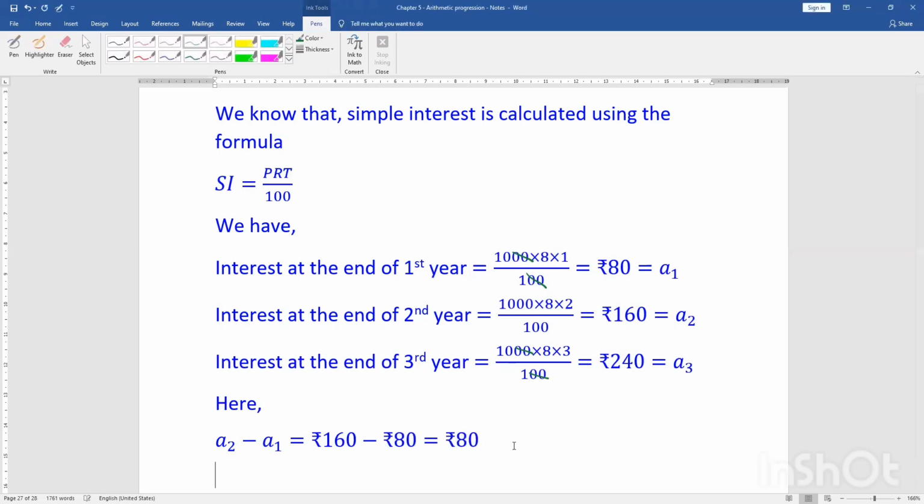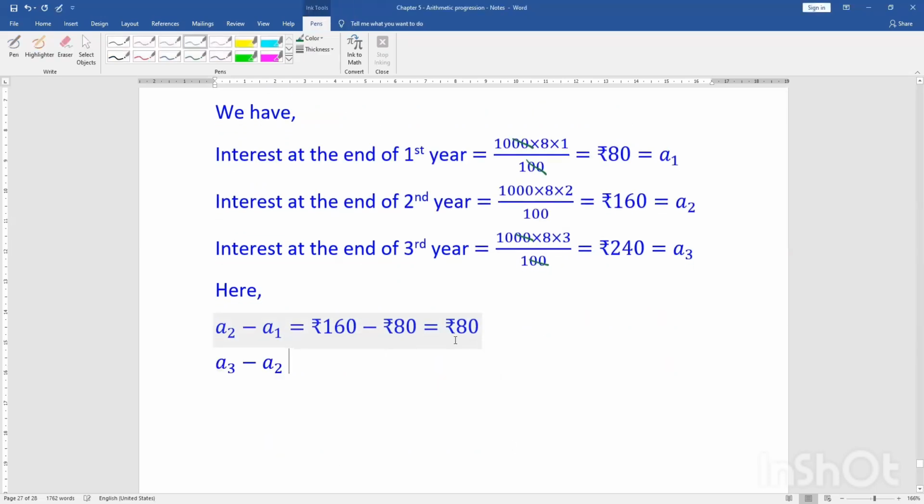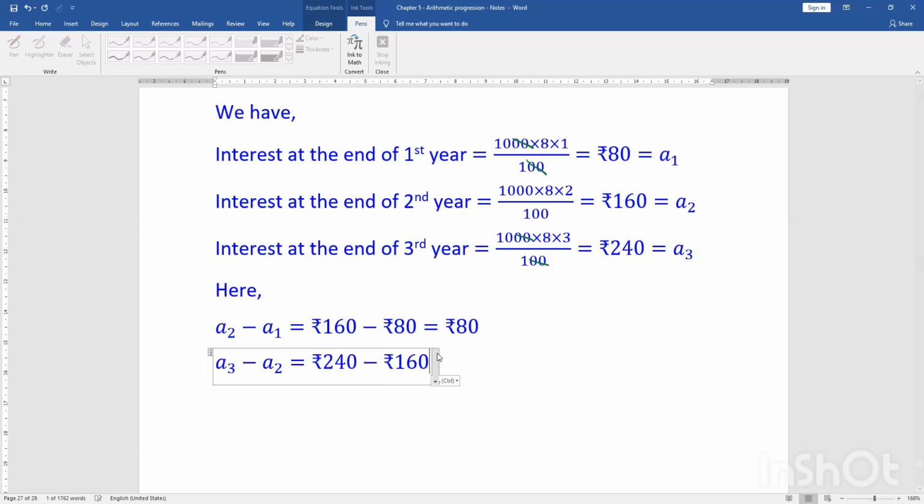And then what is A3 minus A2? That is the third term minus the second term, which is equal to rupees 240 minus rupees 160, which is equal to rupees 80. So again we got it as 80.